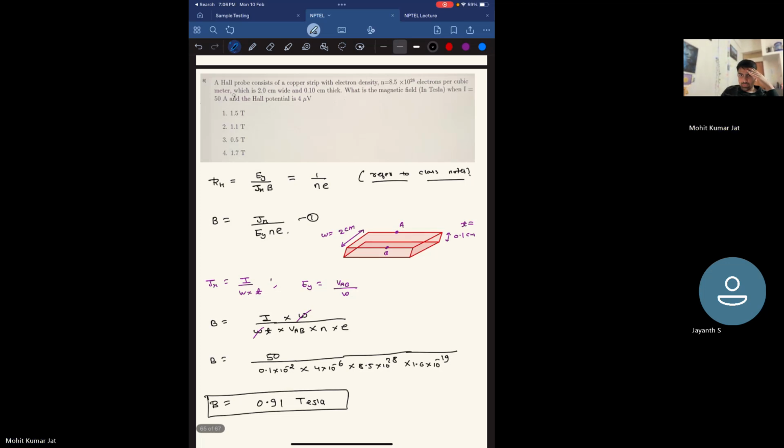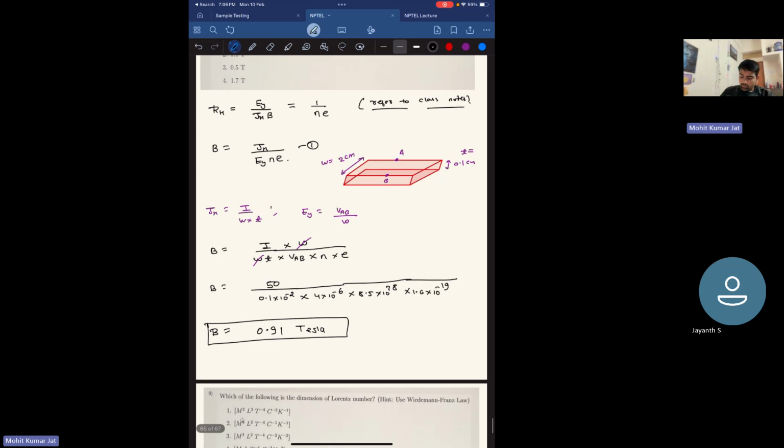Whatever I calculated is inverse of T, but this is 1 by B. So this gives me 1 by 0.91.